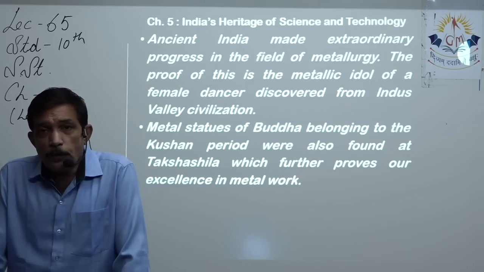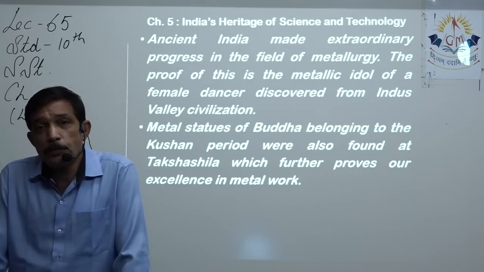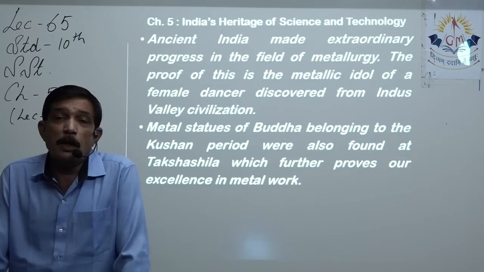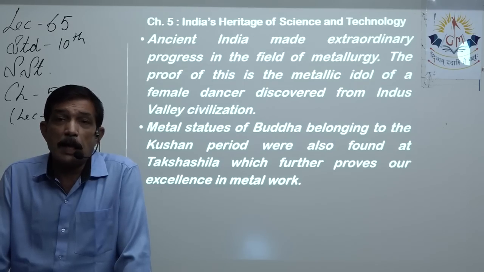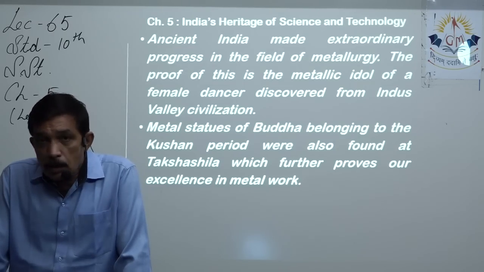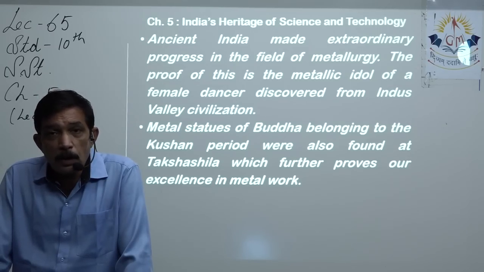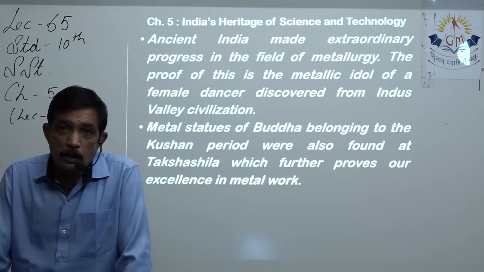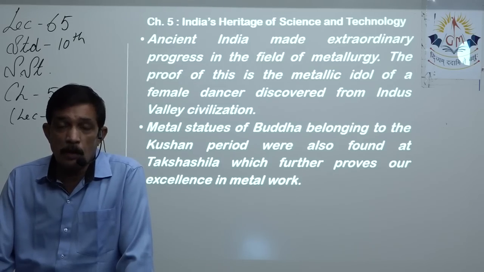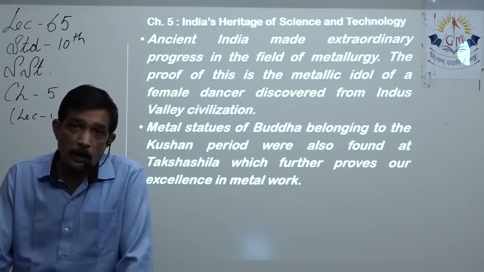So proof we have got it, that if people of ancient India were making statues from metal, that means they knew where to find the soil where there is more of that mineral, how to excavate it, that means how to extract that iron ore, how to purify it.